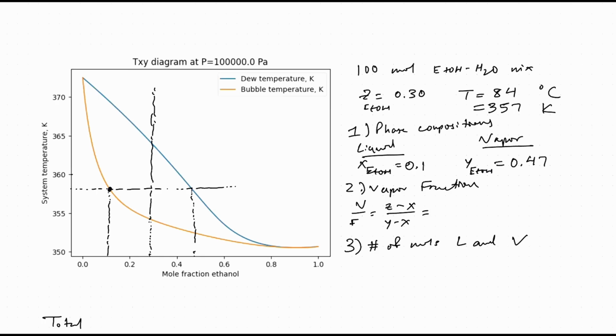So we have (0.3 minus 0.1) over (0.47 minus 0.1), which is equal to 0.2 over 0.37, which roughly equates to 54%.